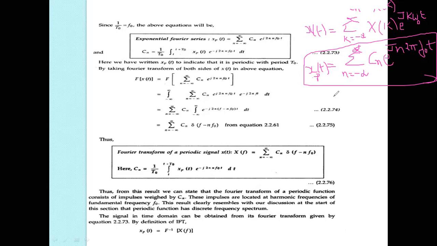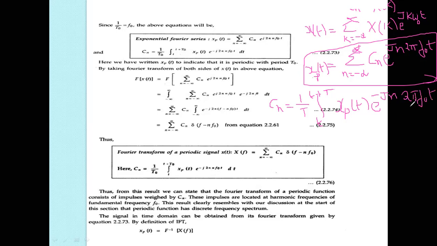Similarly, in the Fourier series expression, x of k as Cn is equal to 1 by T, the integral from t to t plus T, of x of t. X of t is nothing but the periodic function xp of t, e power minus j k omega naught t dt, where k now becomes n and omega naught becomes 2 pi f naught.